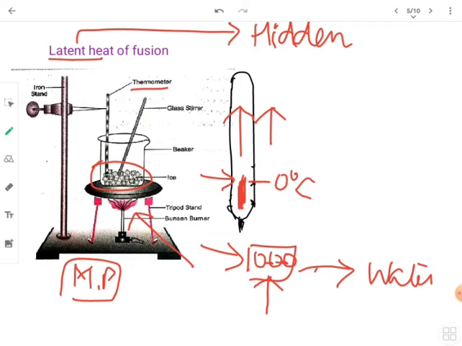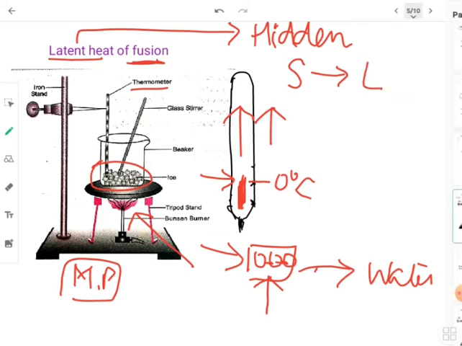Where is it going? It is going up in overcoming the forces of attraction. So that is known as latent heat, and we use this term fusion because it denotes that this heat is getting used up in the process when we are changing a solid to liquid.